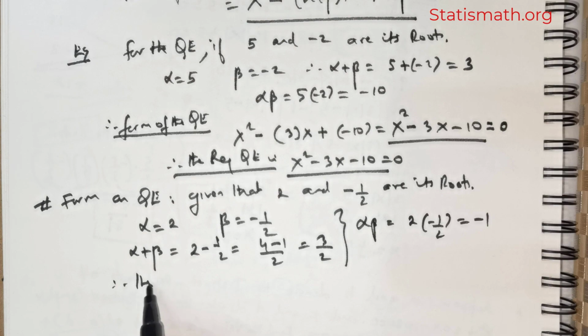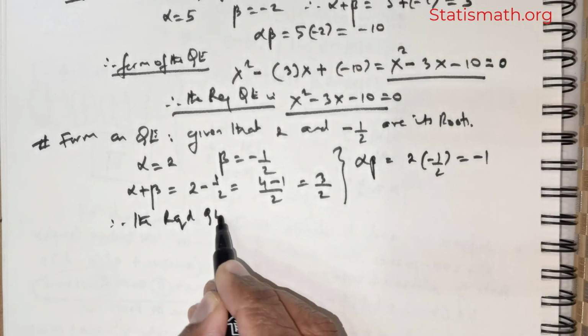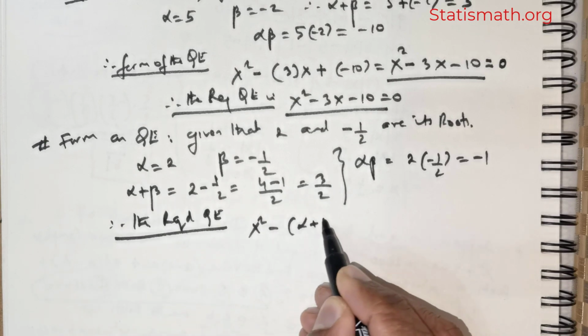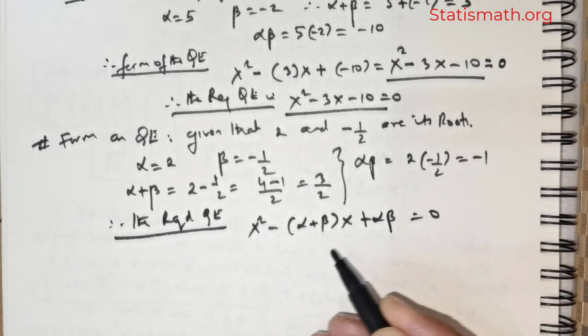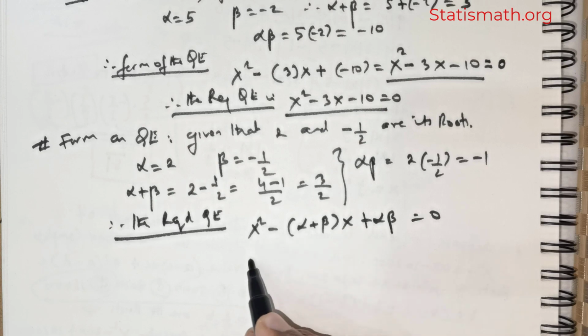So therefore the required quadratic equation is of the form x squared minus (alpha plus beta) times x plus alpha times beta equals 0. So this is the required form that we are aiming at.